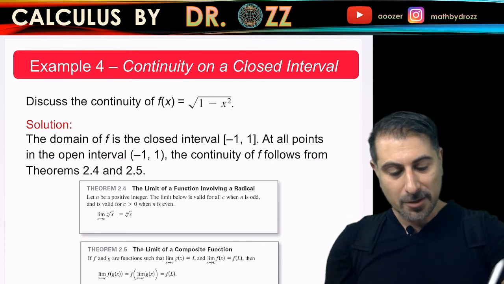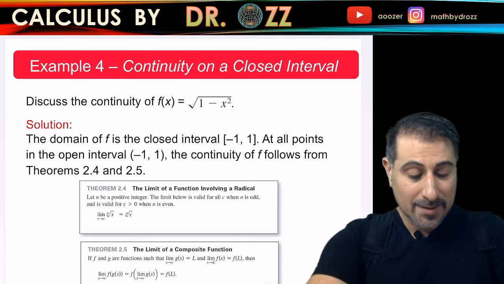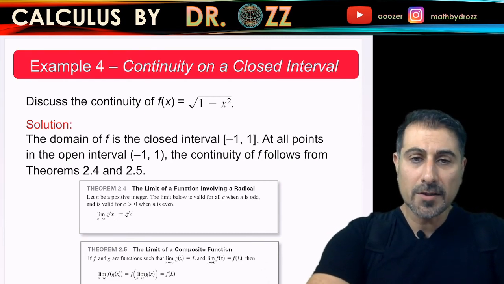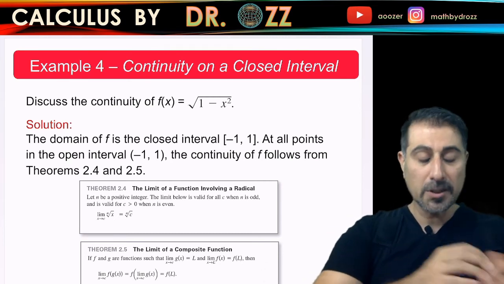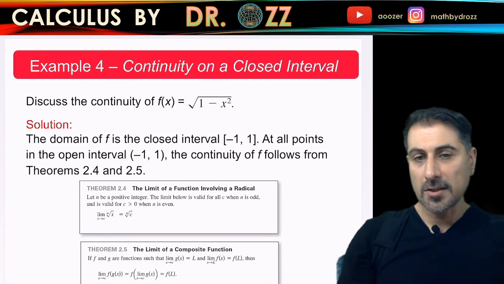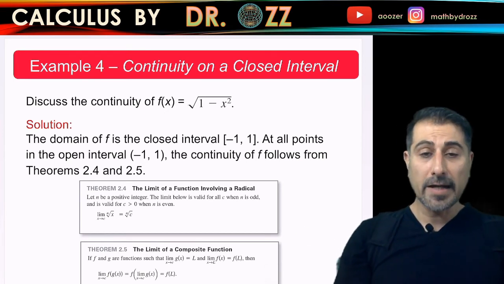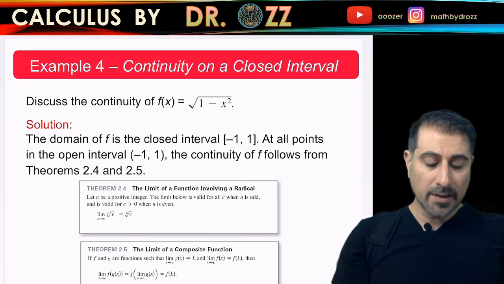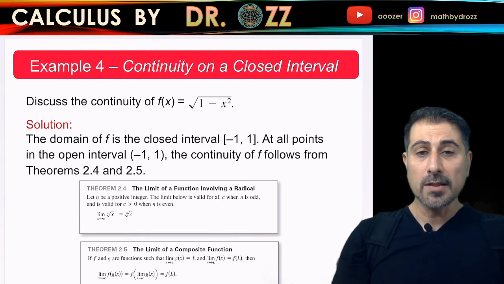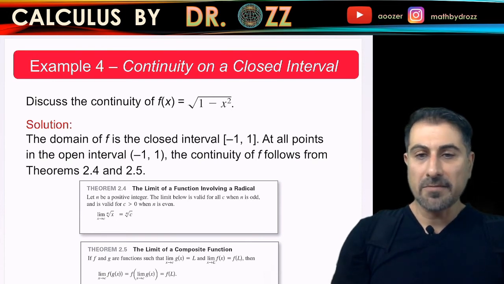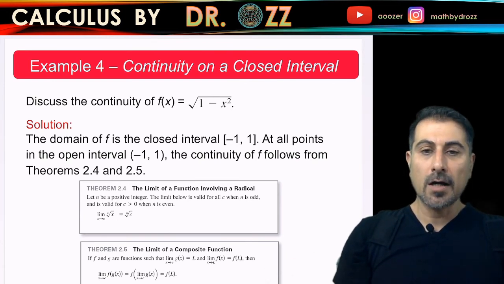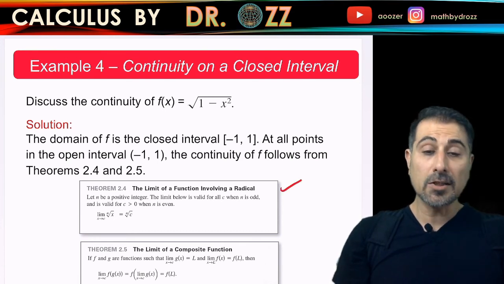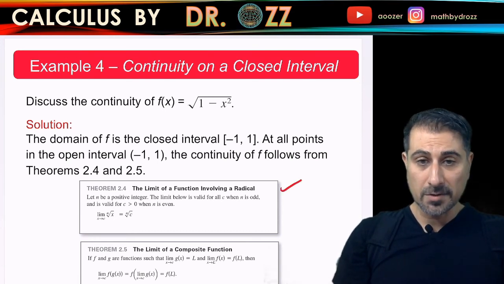Let's say we have the function f of x equals radical 1 minus x squared. We do know that the domain of this function is the closed interval [-1, 1], because outside that domain this function is not defined, since you'd be taking the radical of negative numbers. So for all points in the open interval (-1, 1), continuity of f follows from the earlier results that we proved. First of all, radical functions are always continuous as long as you're in the domain of the function.